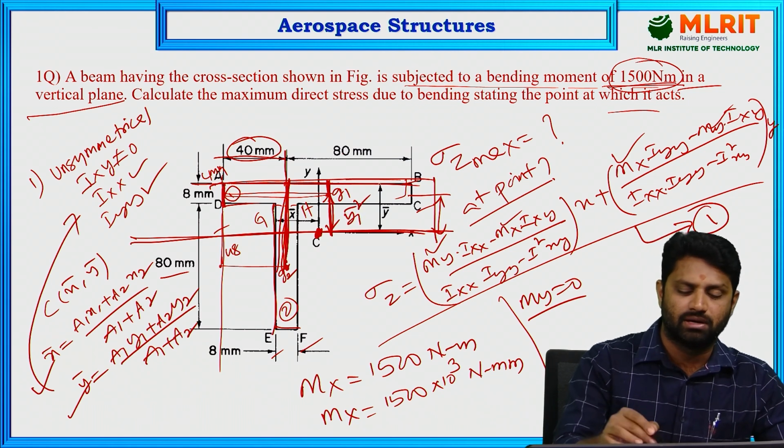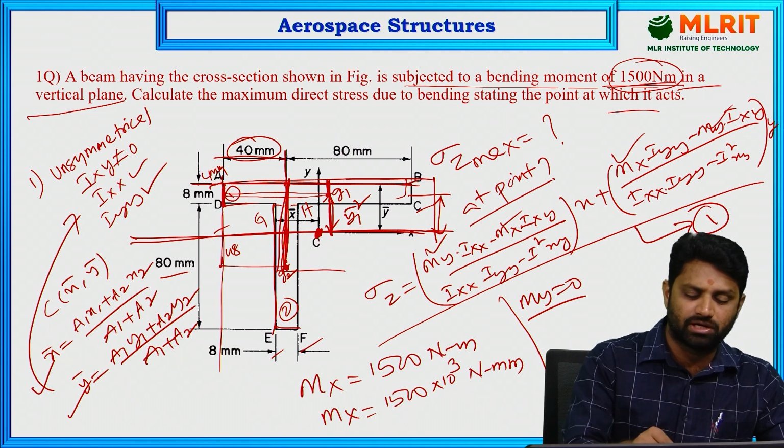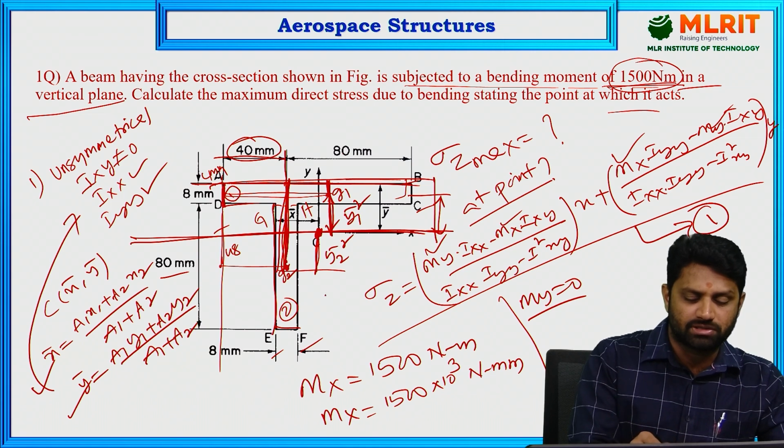Okay, and y2 bar means again the distance from the second figure centroid to the total figure centroid, the vertical distance. Okay, and x1 bar is the horizontal distance between the total figure centroid and the first figure centroid. Okay, and x2 bar is nothing but the horizontal distance between the second figure centroid and the total figure centroid.